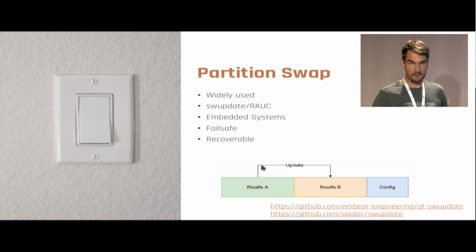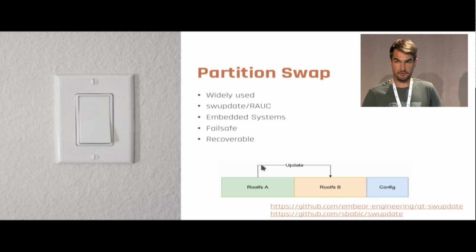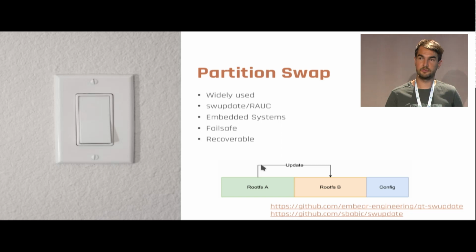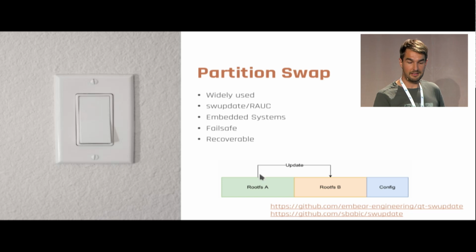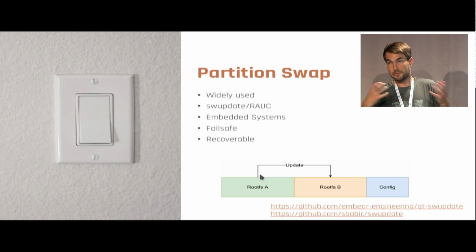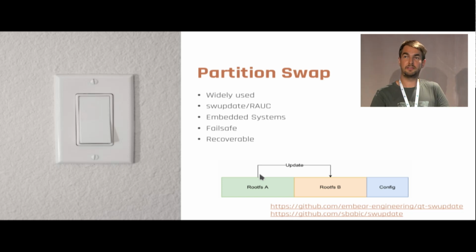And as said, this mechanism is by design fail-safe if your partition swap is atomic. What that means is the operation which tells it to swap the partition needs to be fail-safe. So if a power cut happens while you are writing, it still has to be able to boot.